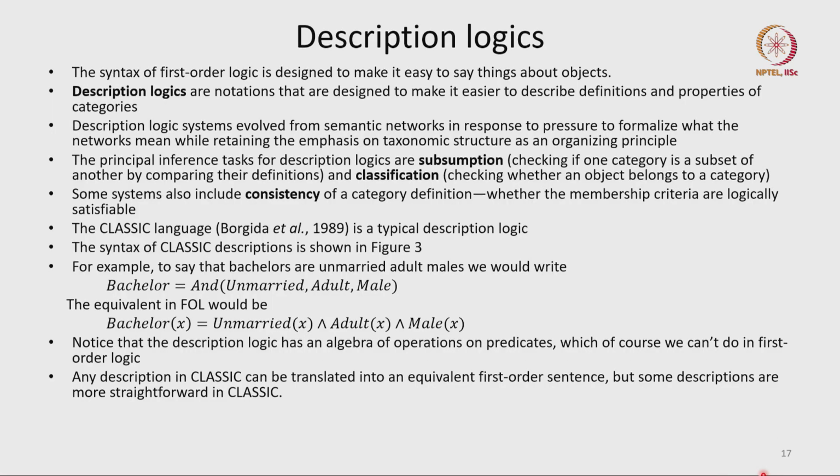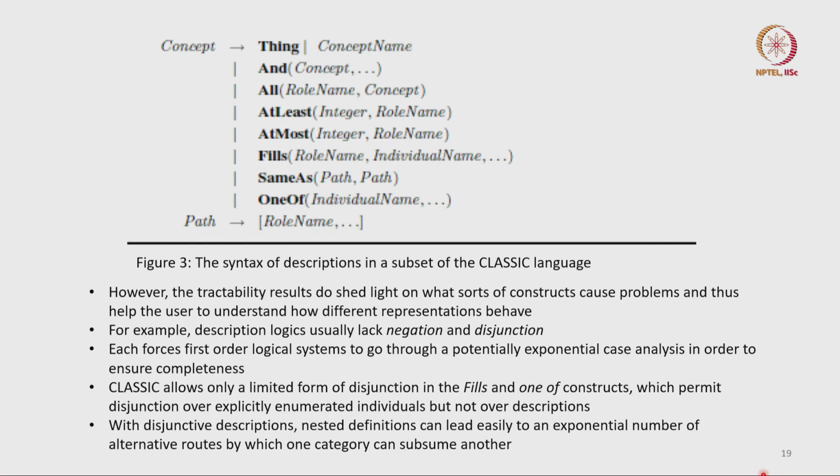Okay, so next session we will continue the representation schemes that we were talking about. So, we were talking about description logics. In description logics, these are the available predicates in the classic language.